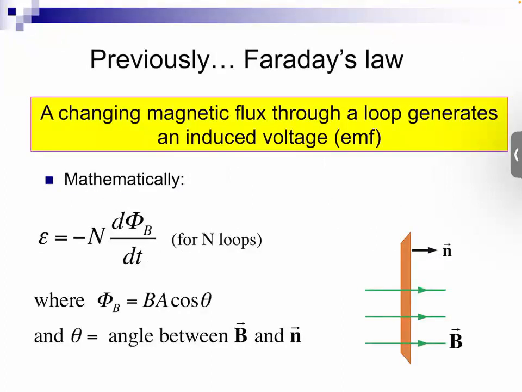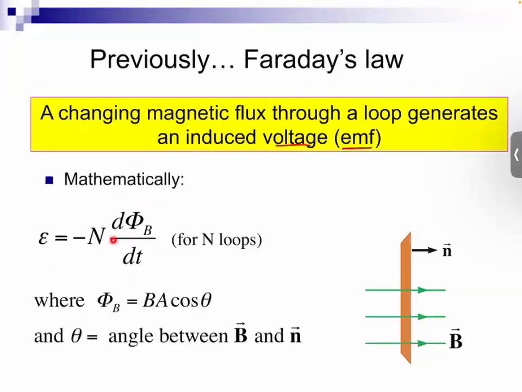So yesterday we learned about electromagnetic induction. We saw that if you have a magnetic flux that changes through a loop, that generates an induced voltage or EMF. So when we say EMF, that's the same as the voltage. And mathematically, we describe that using Faraday's law.